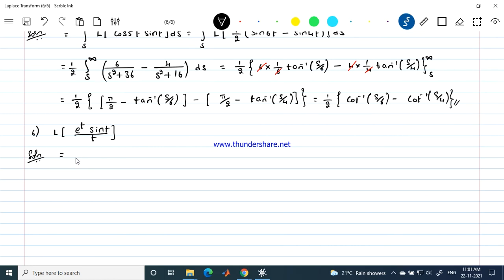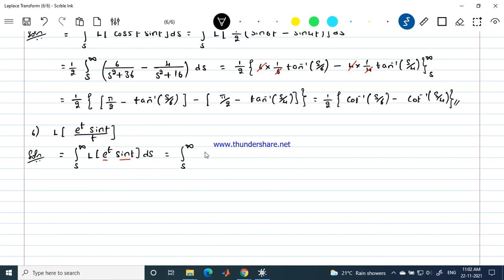Even in this problem, it is integration s to infinity Laplace of e power t sin t ds. Here we have Laplace of a product of two functions, in which one of the functions is e power at, with a is 1. So the first shifting property is valid here.